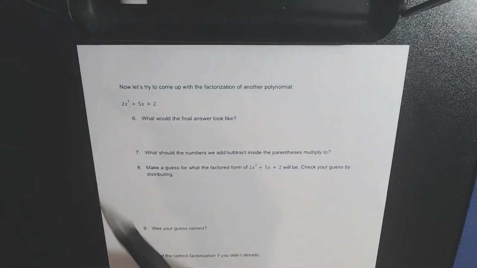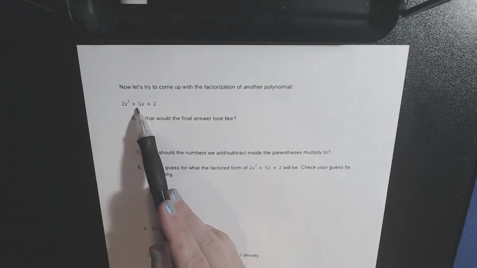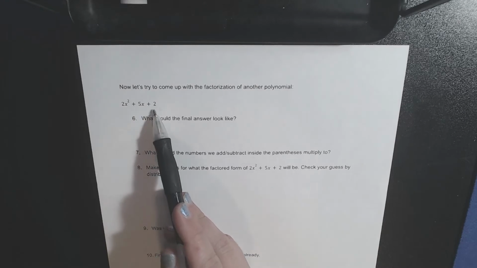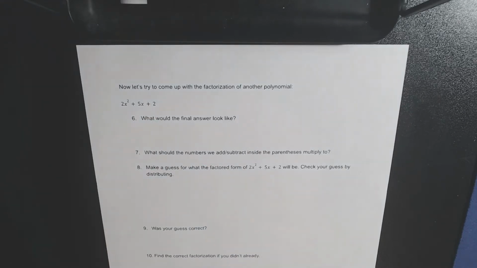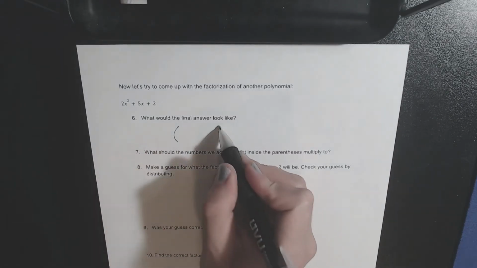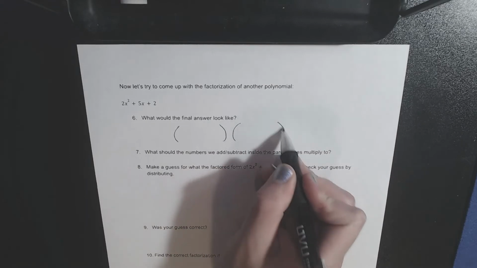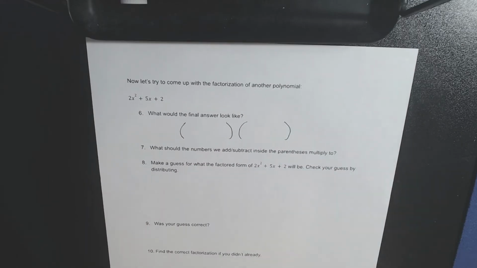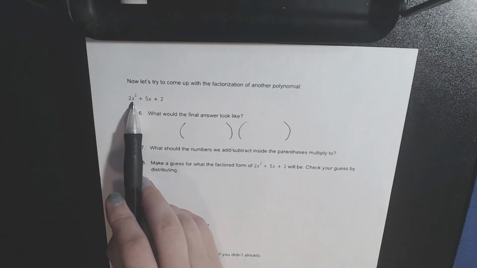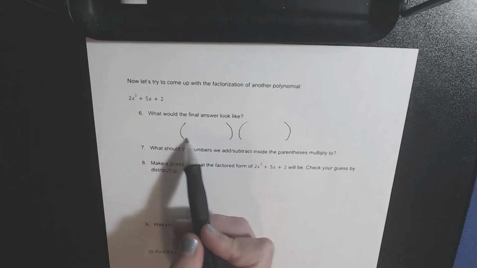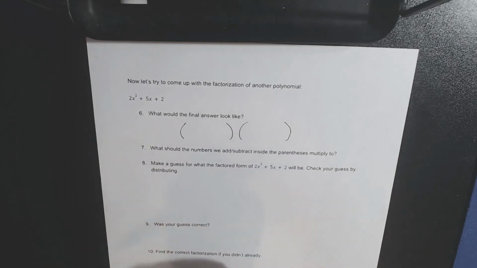The next one we'll look at is 2x squared plus 5x plus 2. So first step when we're factoring is to think of what our factored form is going to look like. It will look something like that, with 2 parentheses. And in order to get a 2x squared, what needs to go on these first spots?